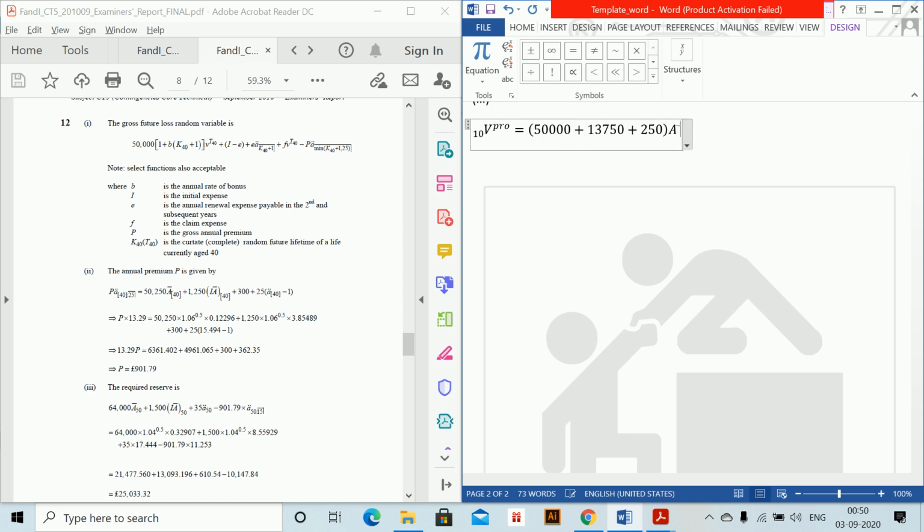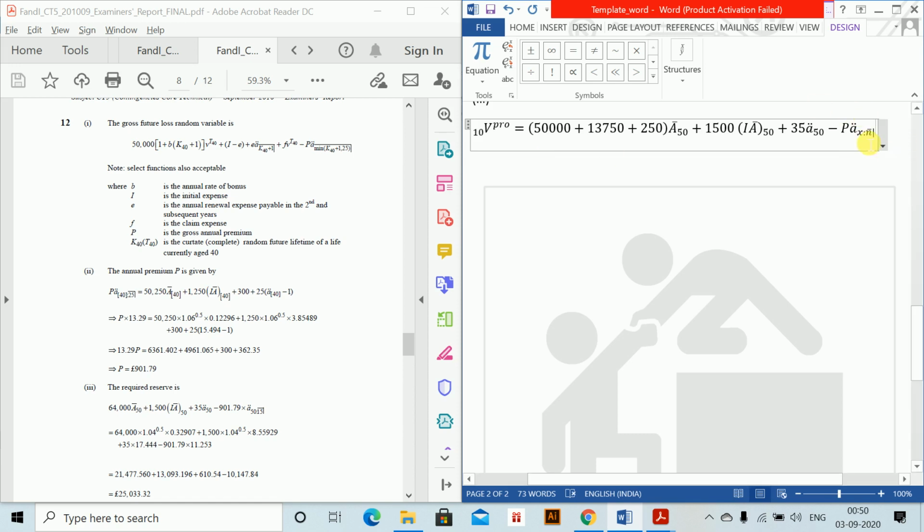A bar 50 plus 1500 IA bar underscore 50 plus 35A DD dot underscore 50 and plus minus PA and all shift.